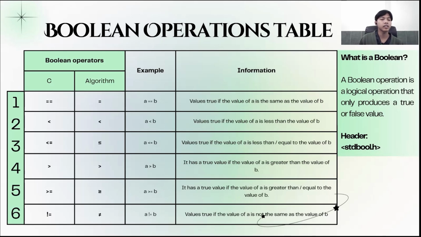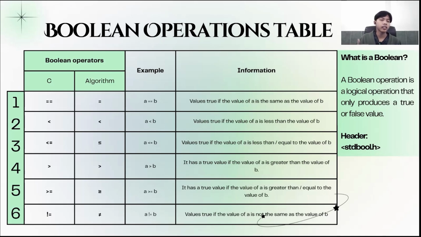The fifth is more than or equal. In C, it's more than and equal, written separately. In algorithm, it's the basic arithmetic symbol for more than or equal. For example, A more than or equal B means it has a true value if the value of A is greater than or equal to the value of B. And the sixth is not equal.